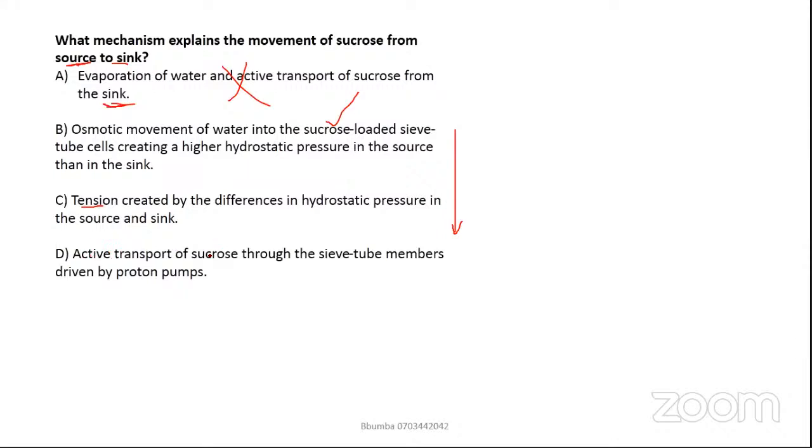Then the active transport of sucrose through the sieve tube. We know that movement of sucrose from the source to sink is passive according to the mass flow hypothesis. It is a passive process. So that's what makes B the most correct one. Otherwise, I think that marks the end of this hypothesis, which is Munch's hypothesis.